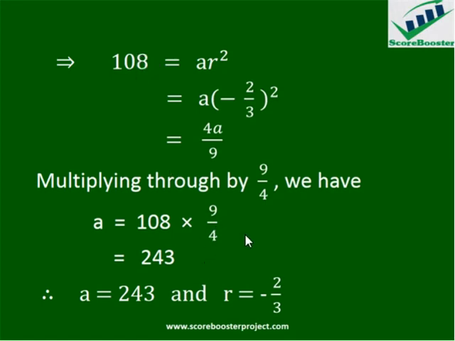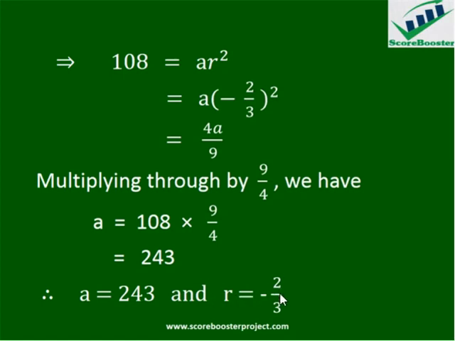So 4 into 108 gives 27. 27 multiplied by 9 will give 243. Therefore, the value for the first term of that particular geometric progression is 243, and the value for the common ratio is minus 2 over 3.